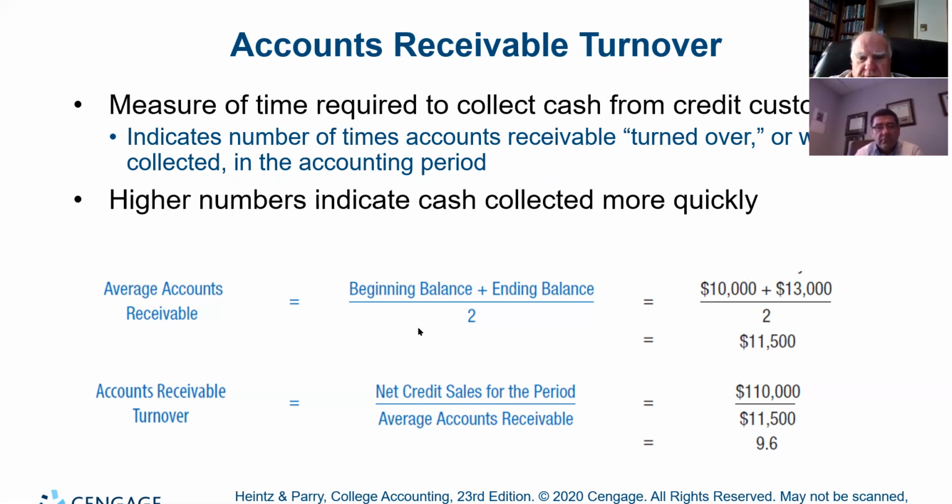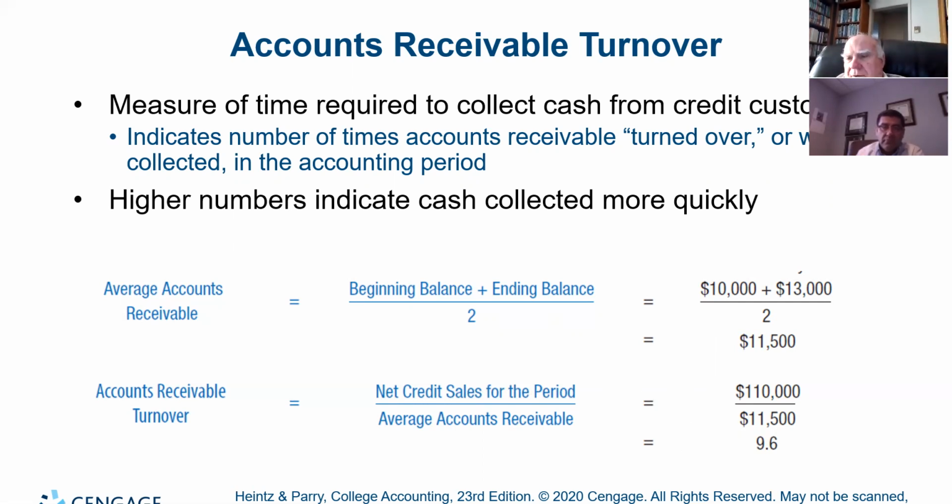And how do we do it? We're going to take the credit sales for the period, not the cash sales, because obviously they're not an issue in collecting. So all the sales that first began in accounts receivable divided by that average AR, and that gives you a turnover of 9.6.